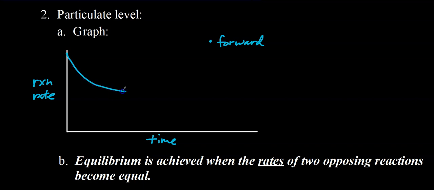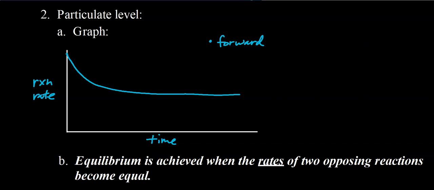Of course, we know that during a reaction the rate decreases. We talked about this with kinetics. As the concentrations of the reactants decrease, the rate of the reaction decreases. Again, notice, not linearly. Reaction rate does not decrease linearly with time, but nevertheless it does decrease.